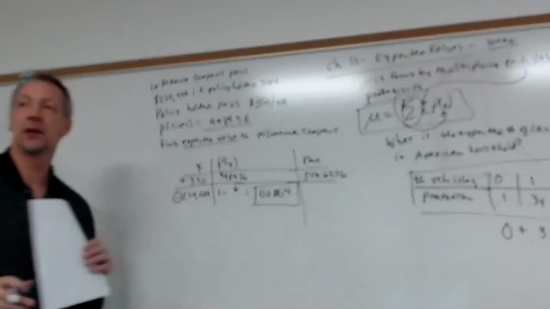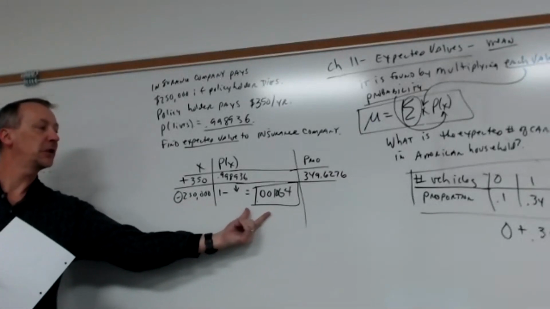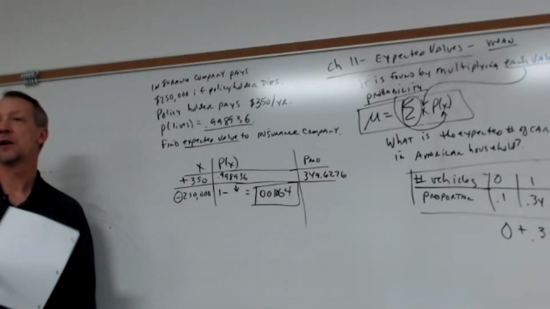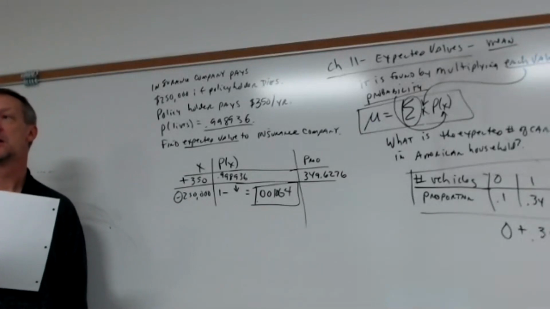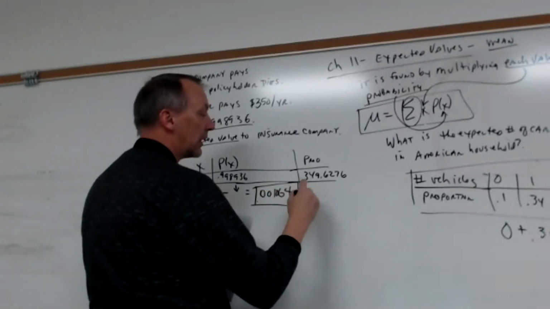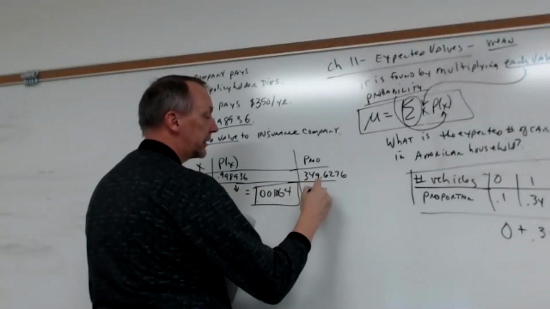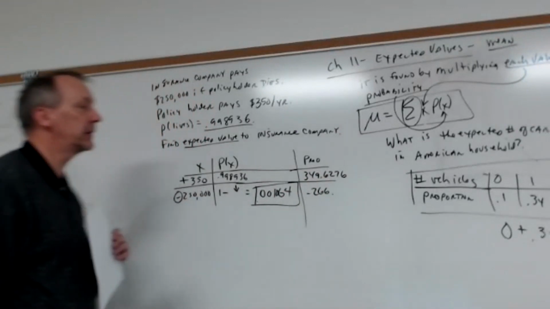What's negative 250,000 times 0.001064? Negative 266.